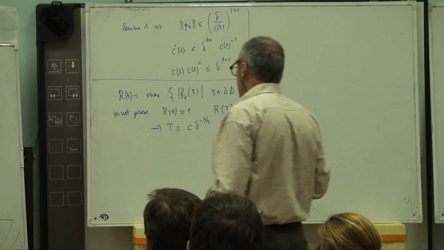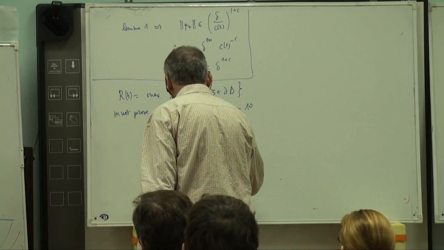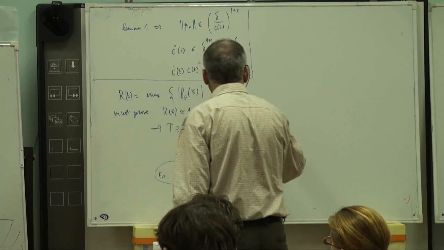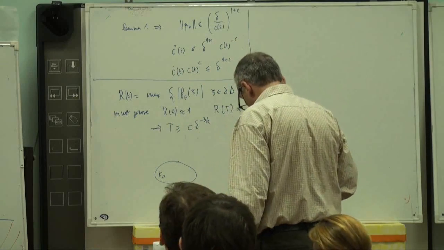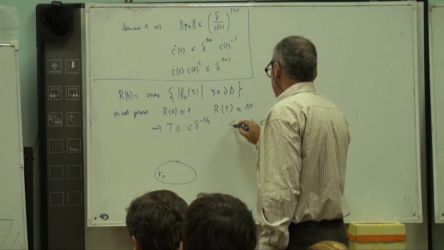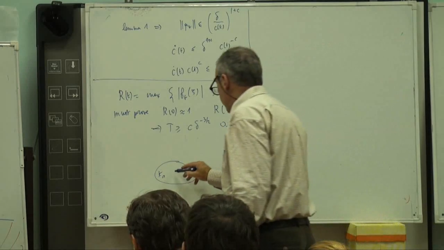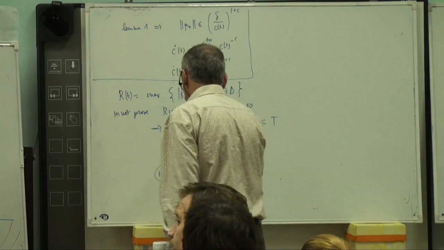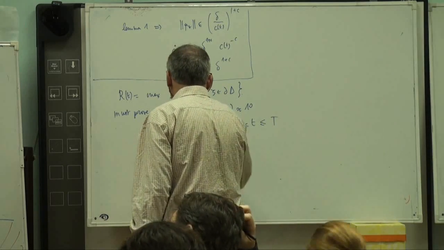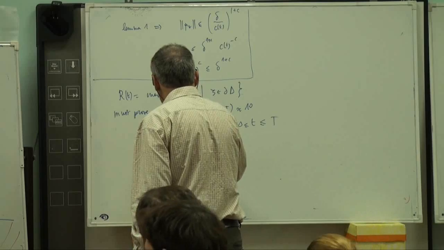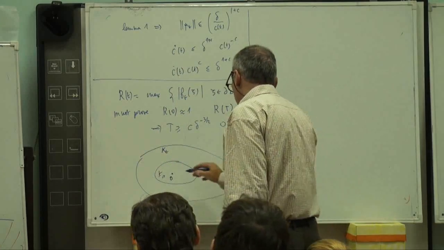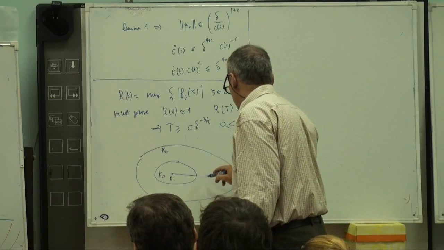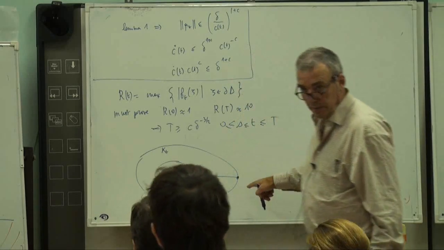So let me draw a picture. So we have here, say, K_s. Let's take s less than t, less than capital T, greater than 0. Here we have K_s, here we have a point 0, and here we have K_t. And here we have the point at maximum distance.